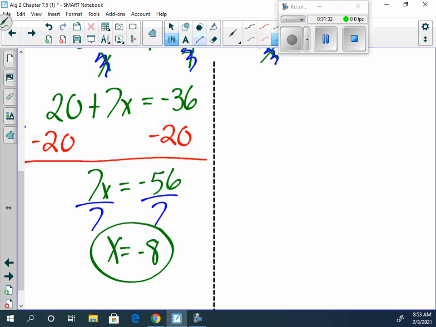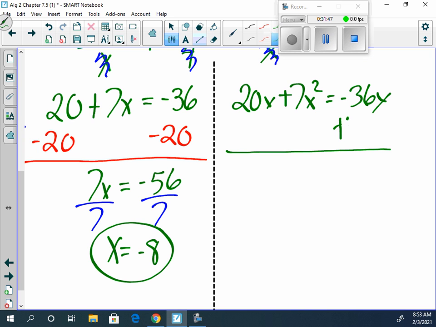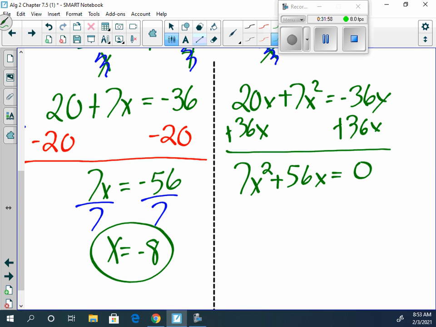Yes? Now the other one was 3x plus 7x squared. So if we multiplied by x squared, we would have gotten this here. Okay, well, since I have a quadratic, what I would do is I would add 36 to both sides, which would give me 7x squared plus 56x equals 0.